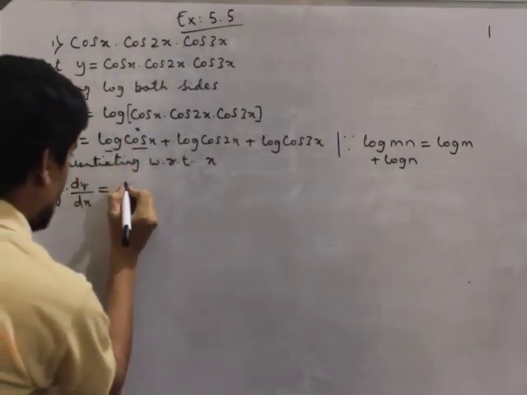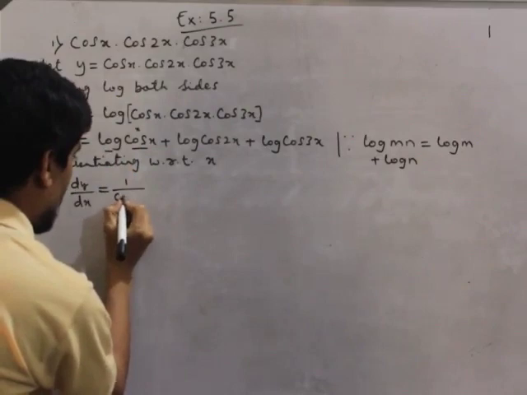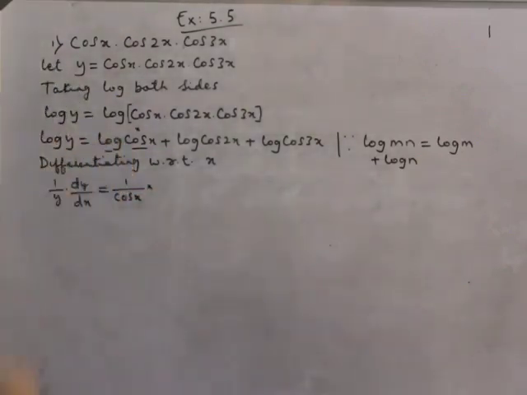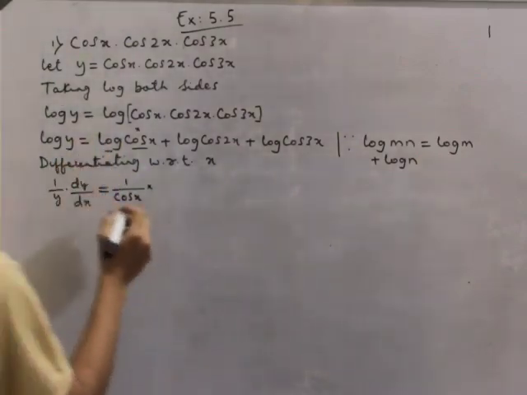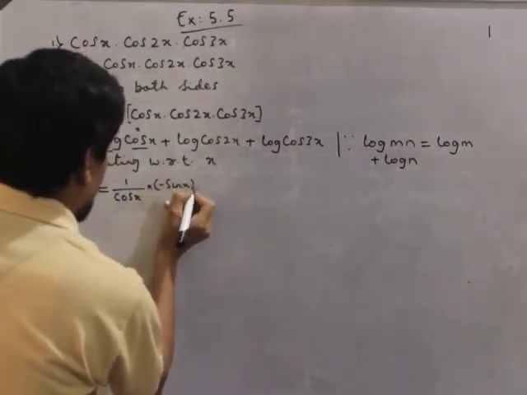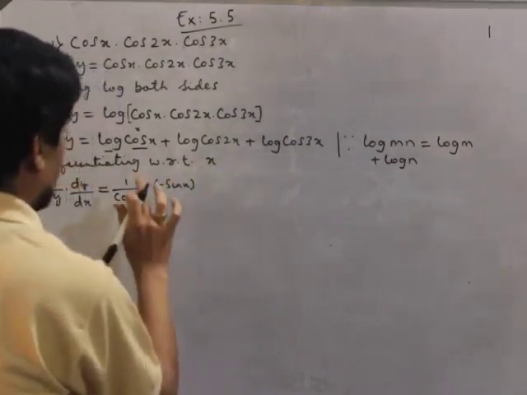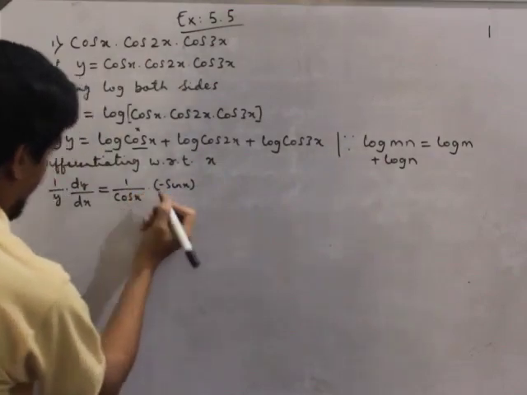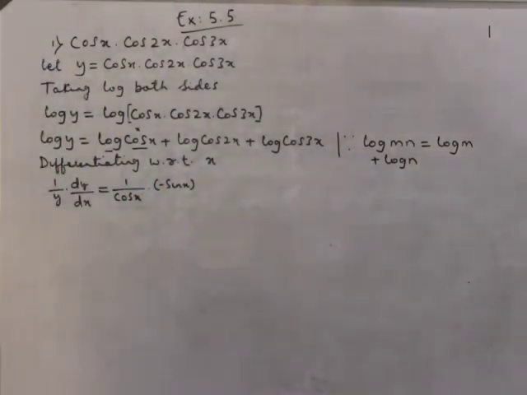In this case, this will become 1 by cos x into differentiation of cos x. Differentiation of cos x is minus sin x.